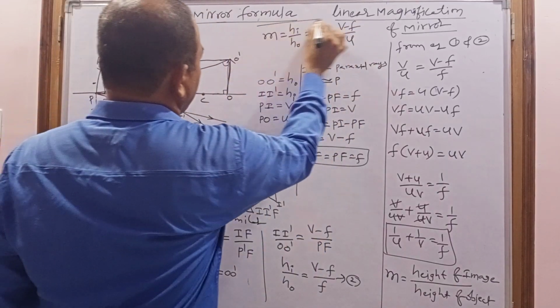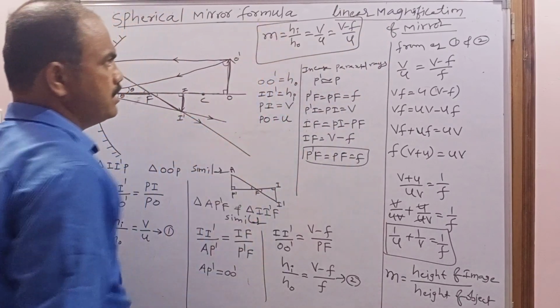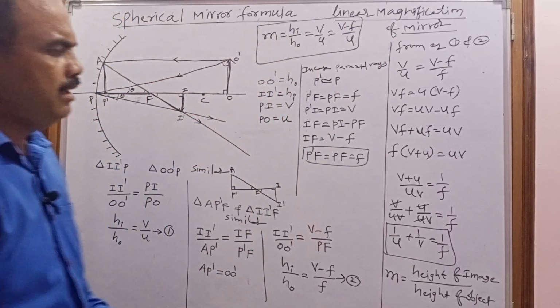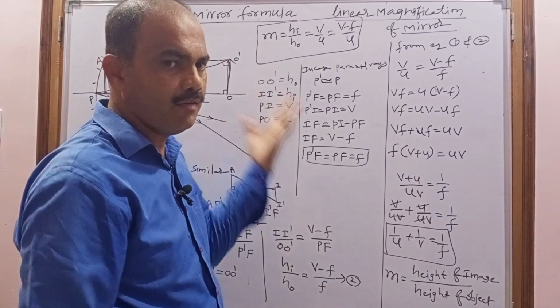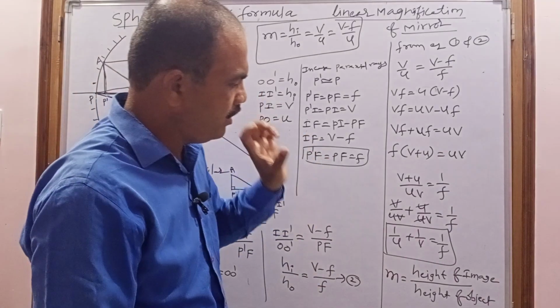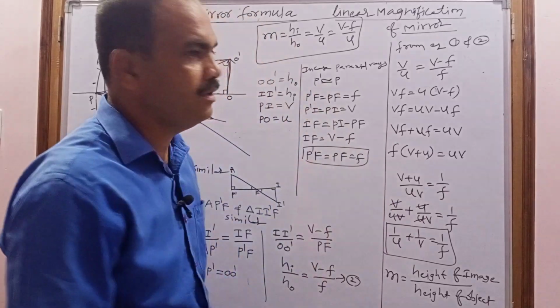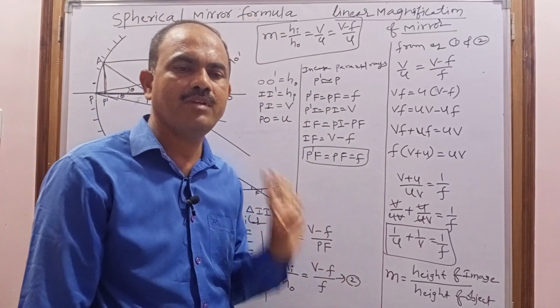So this is the formula for linear magnification of a mirror. These two formulas are applicable for concave mirror and convex mirror, but to apply them we have to follow the sign convention.